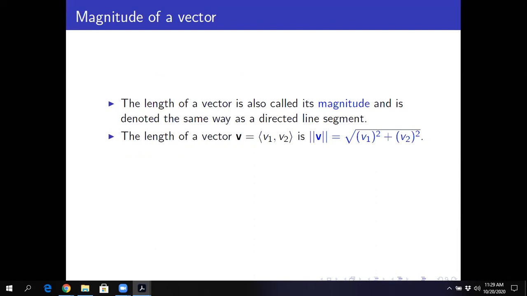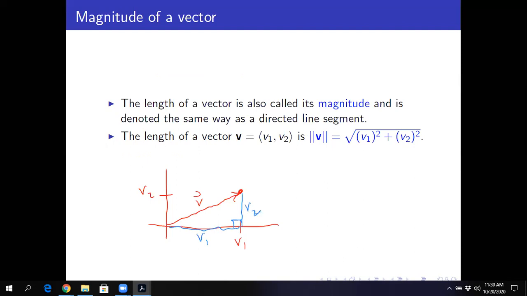Now just think about this. Here's V1, here's V2, and here's my vector V. What is the length of this hypotenuse? Well, I have a little right triangle right here. This is V1. This is V2.